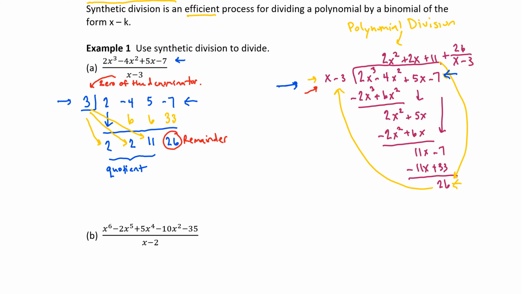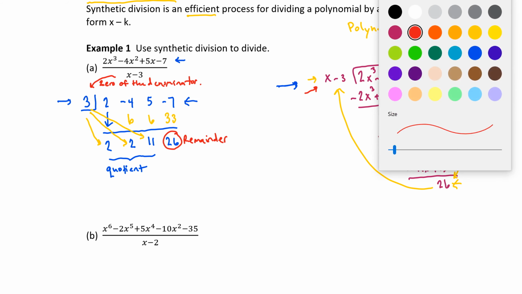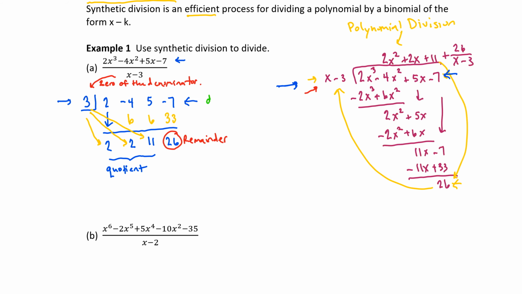So here's how we interpret our answer. We started out with a degree 3 polynomial, right? The degree of the numerator was 3. We divided by a degree 1 polynomial. So the result, which is represented here on this baseline, should be 1 degree less than the original.